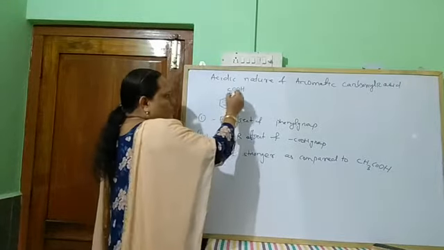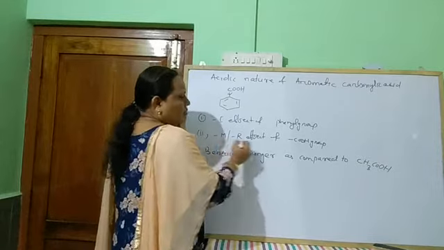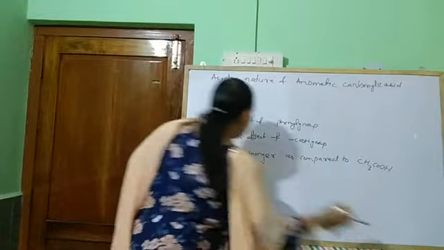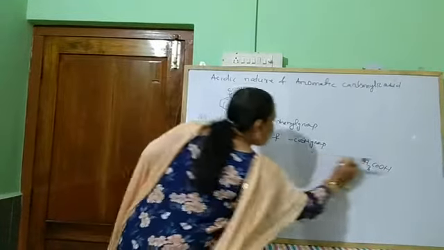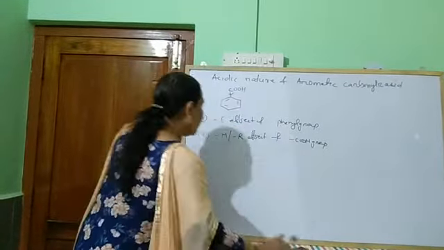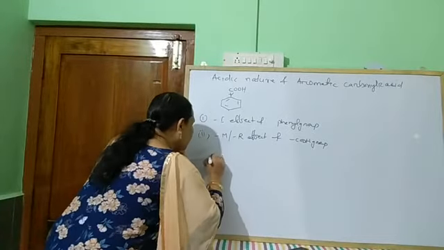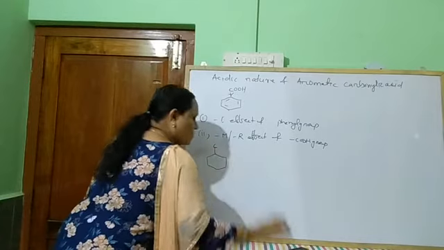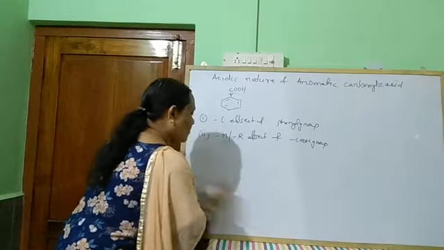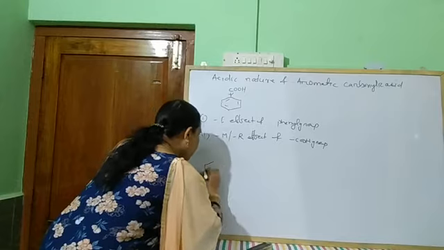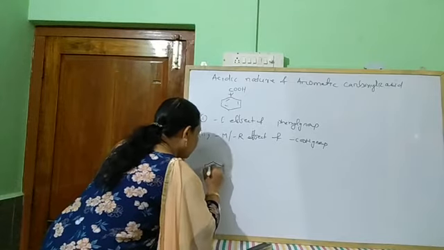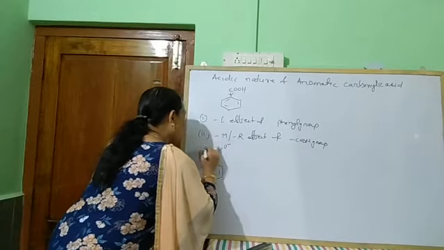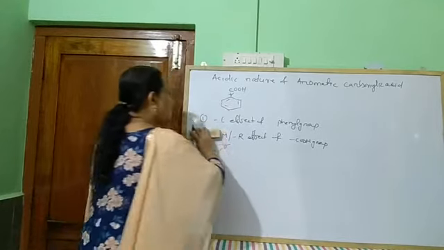But there is also another effect, the minus R or minus M effect of the COOH group. So what is that? Look here. We can write the resonating structures of the benzoate ion. Double bond O here.